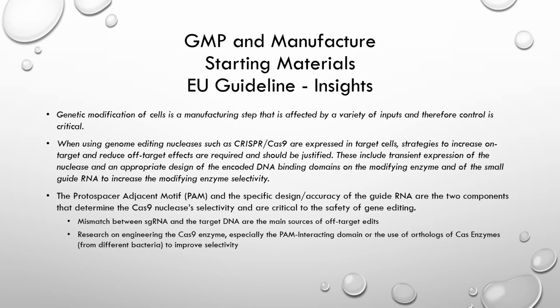There is some research on engineering the Cas9 enzyme, especially the PAM interacting domain, or the use of orthologs of Cas enzymes from different bacteria to improve selectivity. For the time being, I'm just going to use Cas9 as my model.